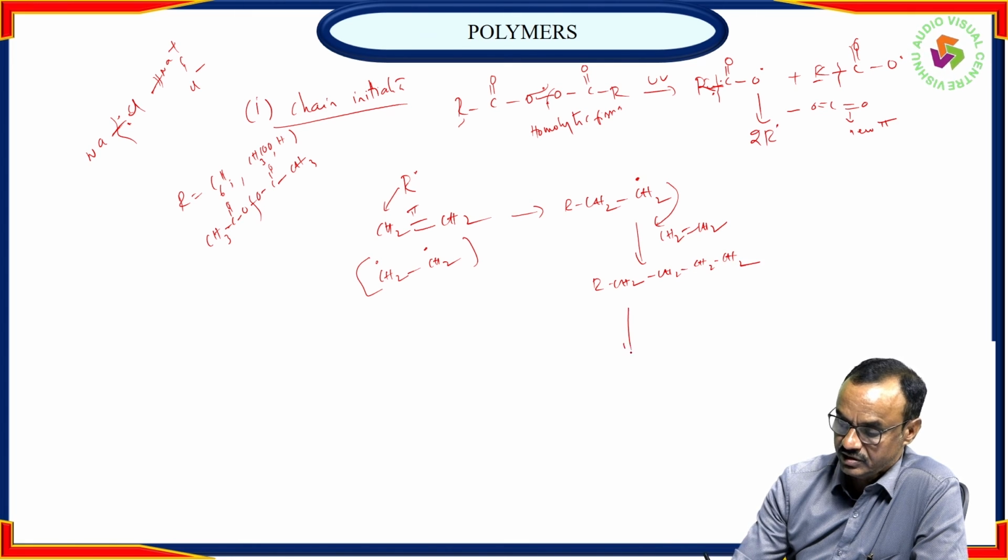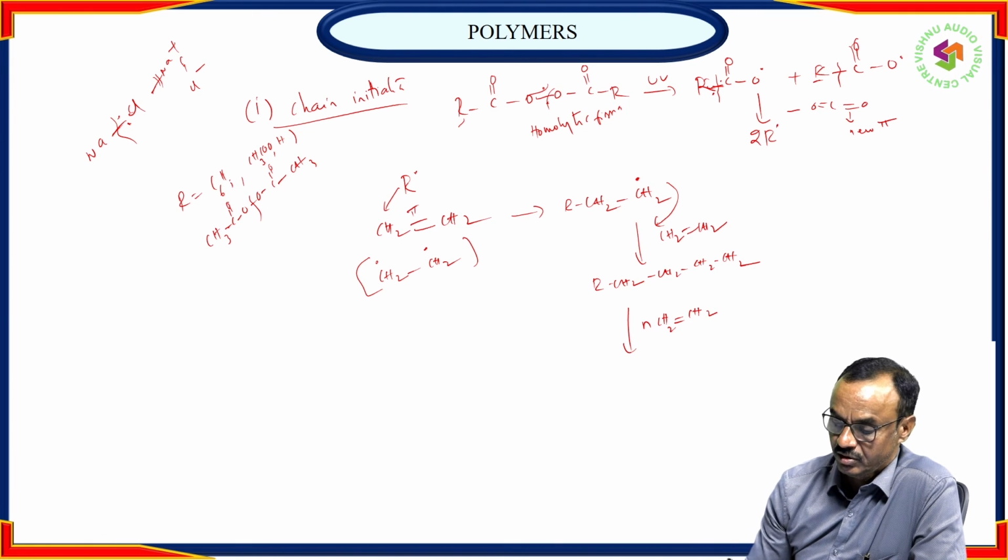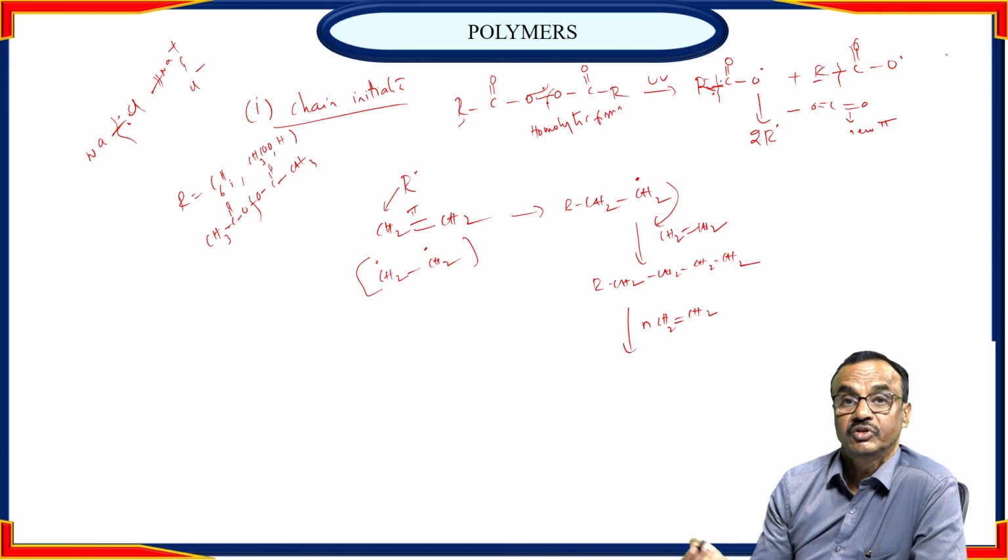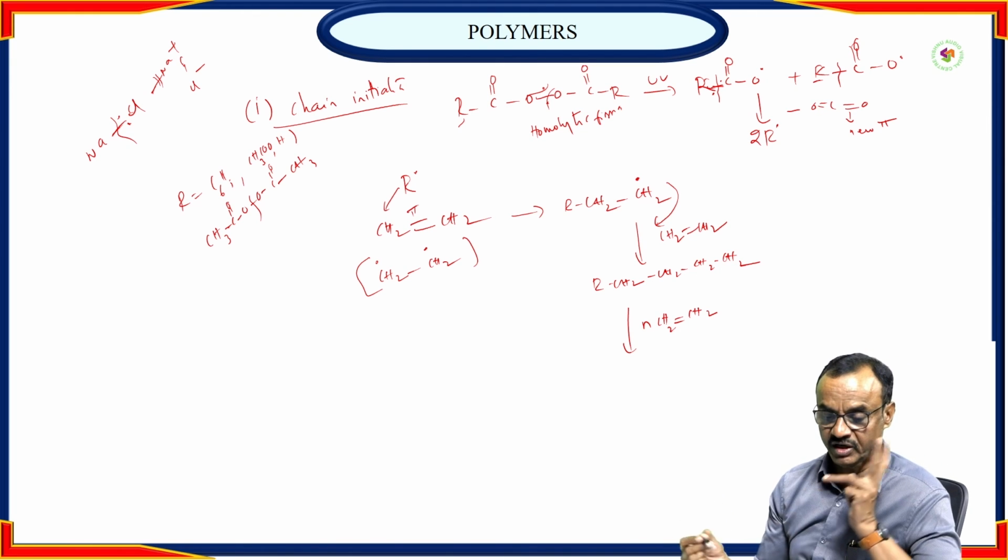This attack is done and another. You don't need to write the same units, you can take n number. So in the chain, how many are there in total? Already 4 are there, 2 monomers are there, another monomer, 3 monomers. Each monomer consists of how many carbons? 2 carbons.